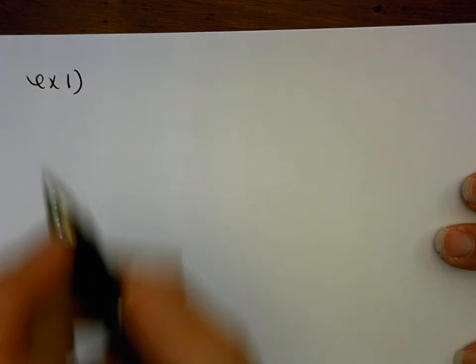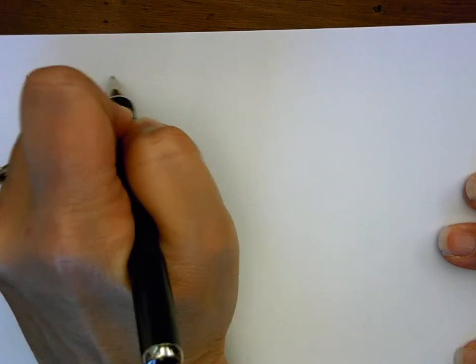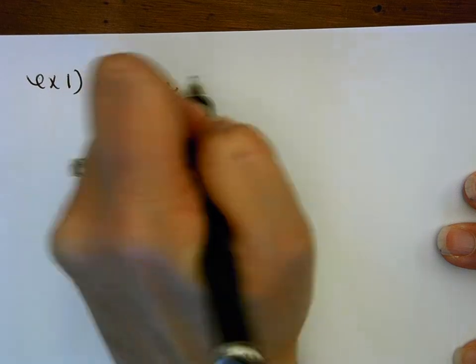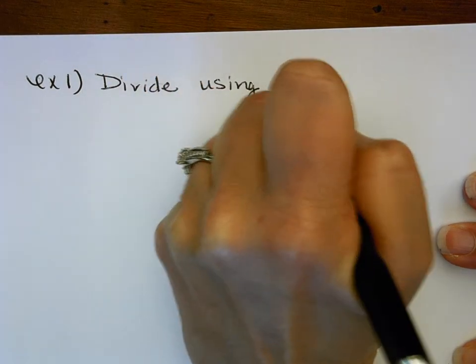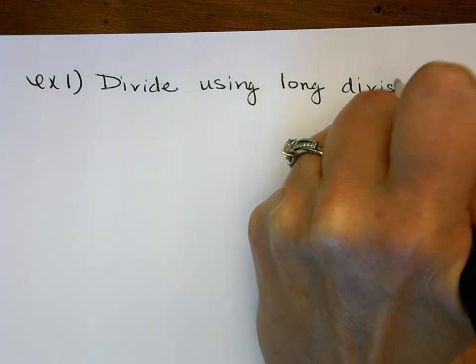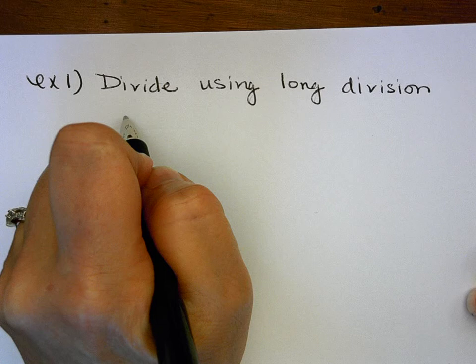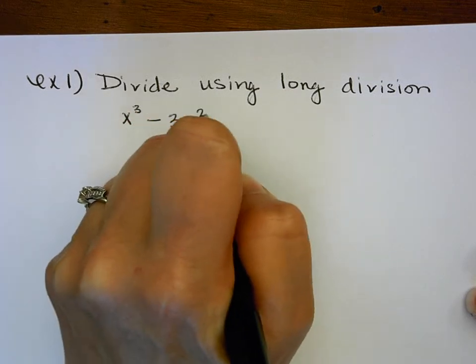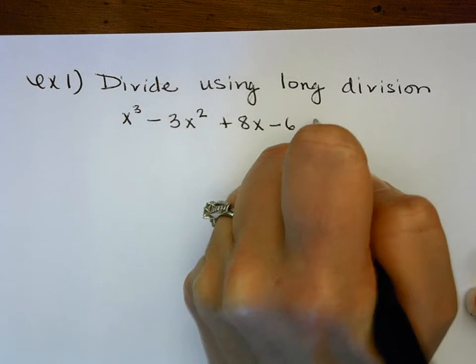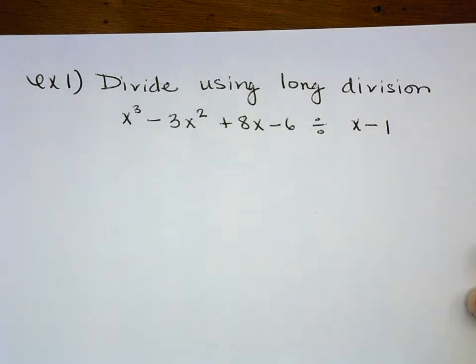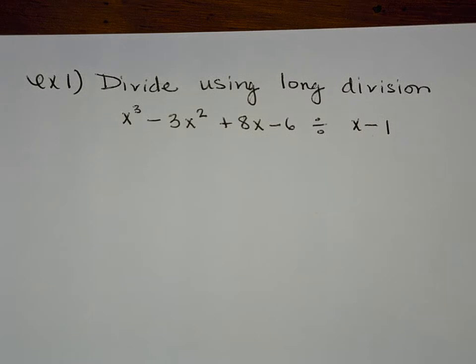Okay. All right, so we're going to do an example with the steps next to it just to go through the process. So this is example 1. Divide using long division.